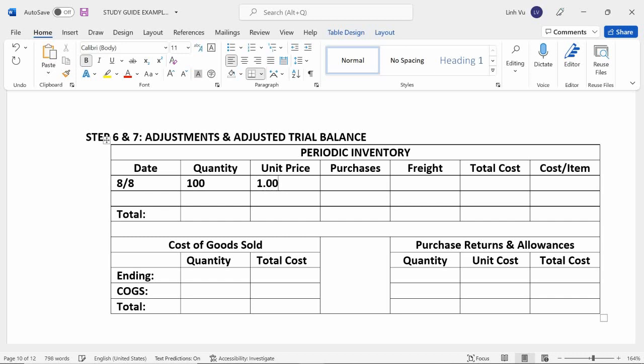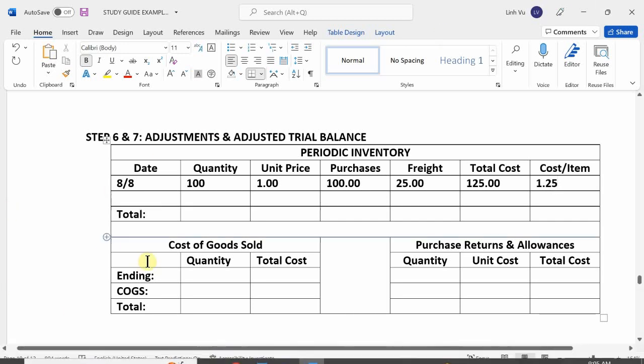Unit price, $1 each. Purchases is going to be $100. Freight was $25, bringing it to be $125. Now, what's my cost per item going to be? I'm going to take my $125, divide it by 100, and it should be $1.25 each. Okay?